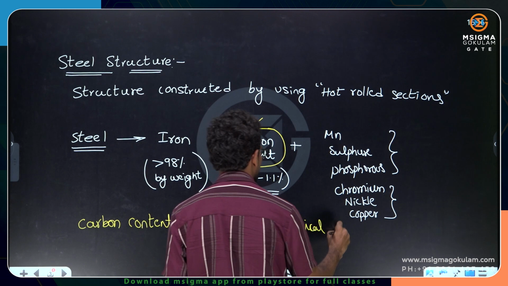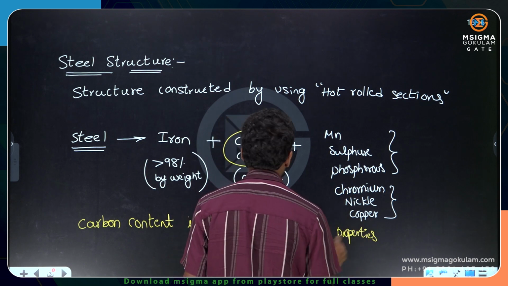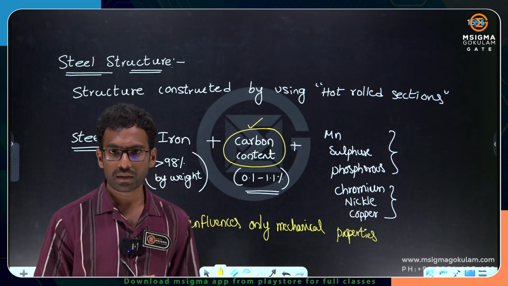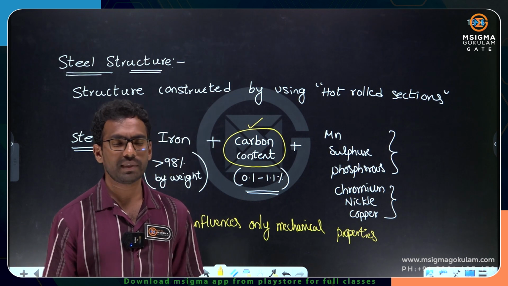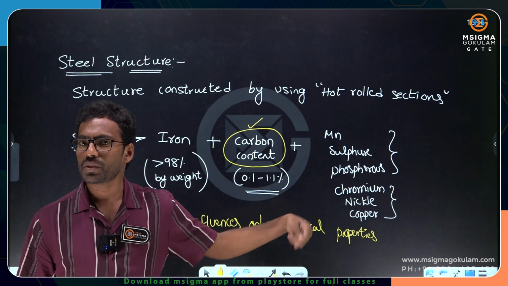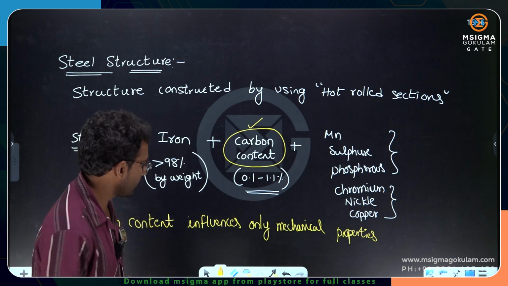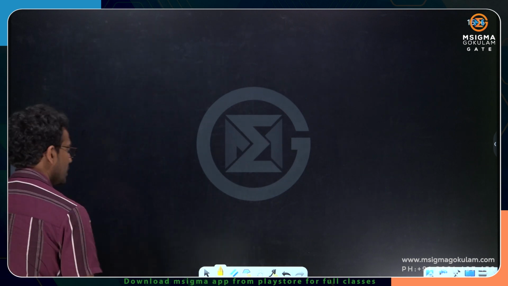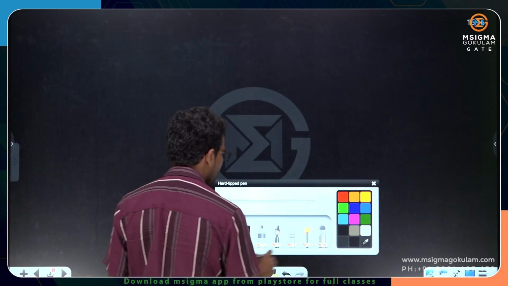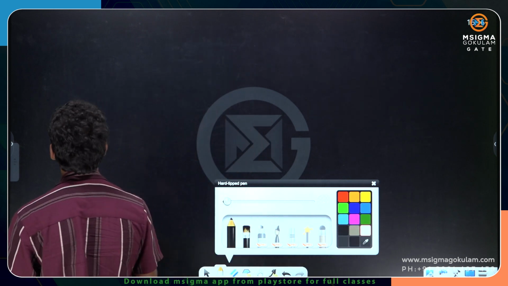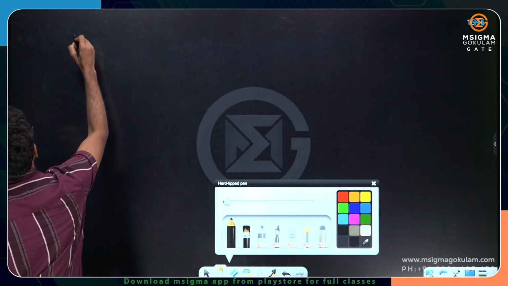So what are the mechanical properties and what are the physical properties? Let's look at that first. Then I'll explain how carbon content is going to influence those properties. Okay, so let us start. What are the mechanical properties and what are the physical properties?